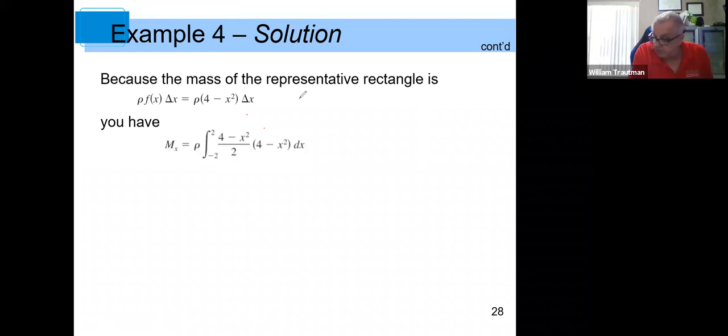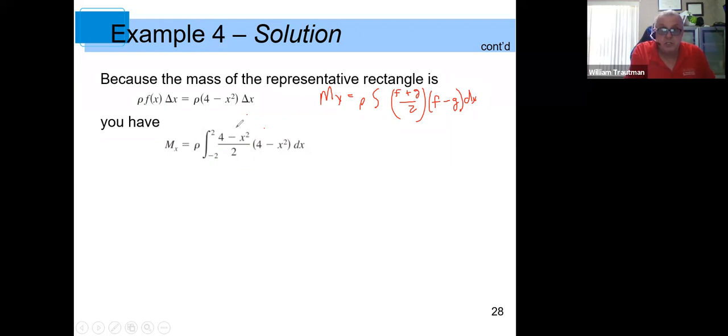This is one of those formulas we wrote down. Look at your notes. Mx equals the density integrating (F plus G) over 2, then (F minus G) dx.